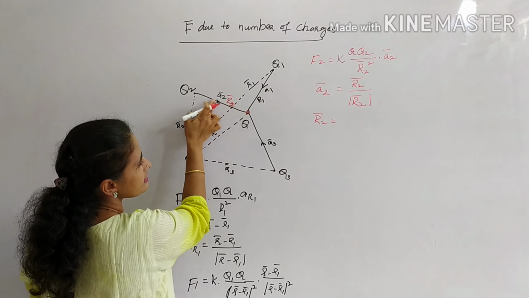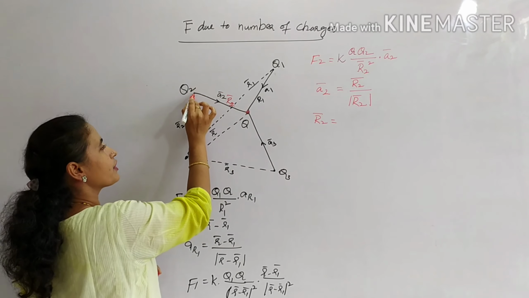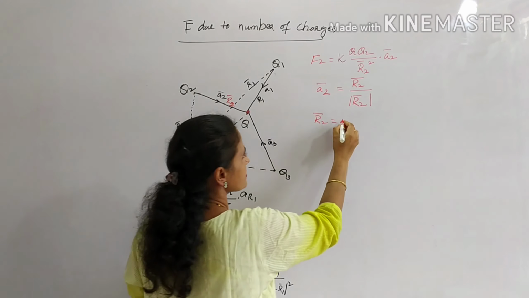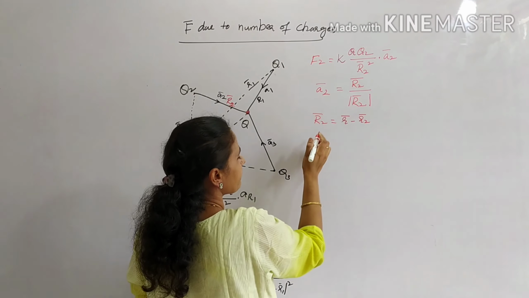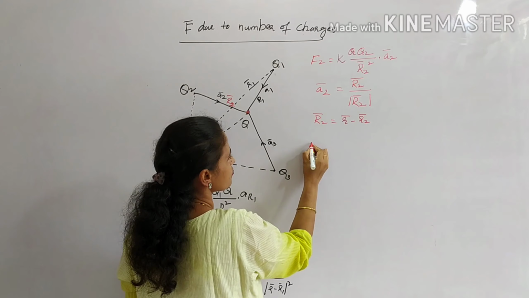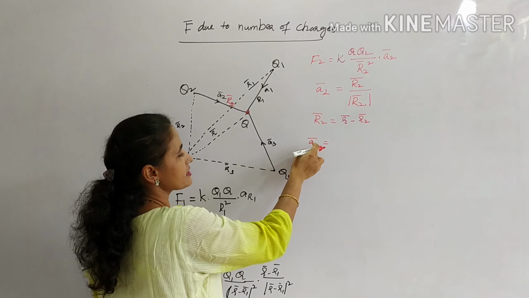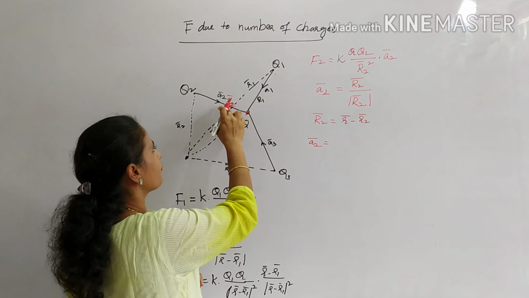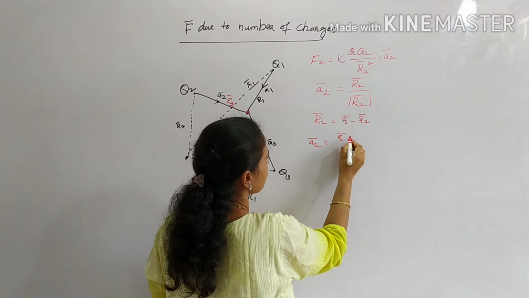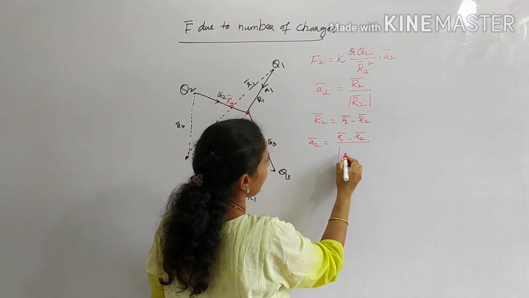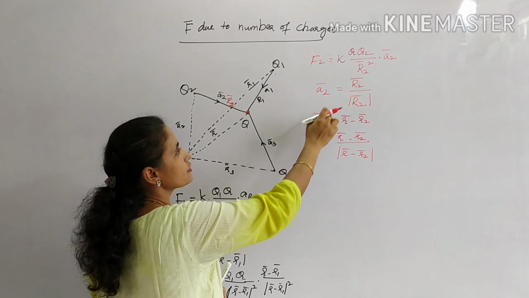We are calculating the distance vector as this point minus this point, so it is R bar minus R2 bar, divided by its magnitude. A2 is the direction of the force from Q2 to Q, and it is given by R bar minus R2 bar by the magnitude of R bar minus R2 bar. Then let us substitute these two values here.